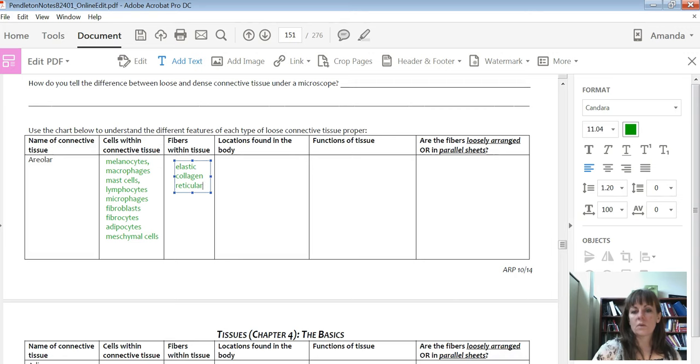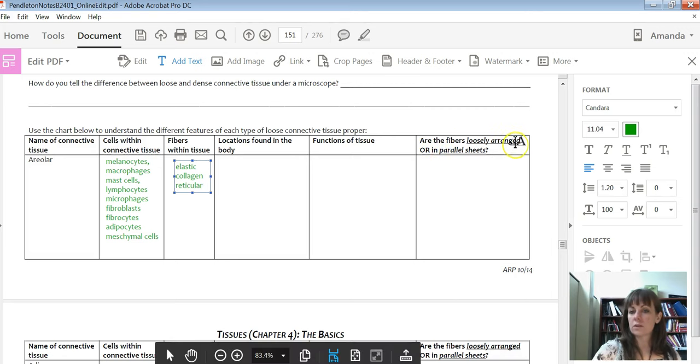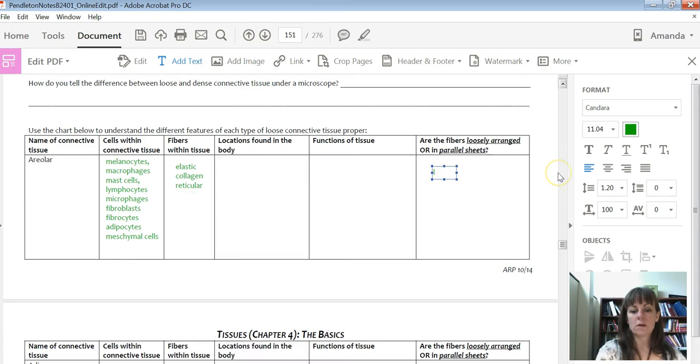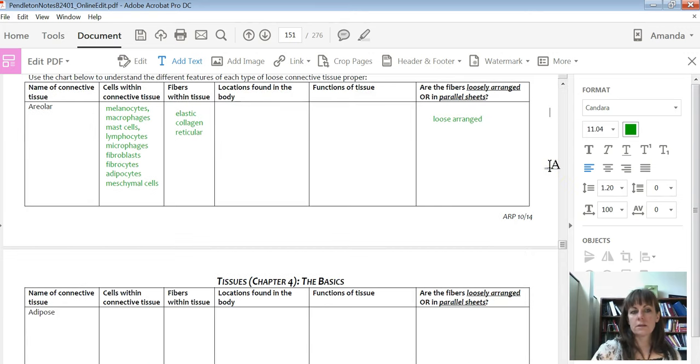So when we go here it says are the fibers loosely organized, or in parallel sheets, we're going to put loosely arranged. Okay. And so this is just an example of how you would start with areolar tissue. Areolar tissue is very common. It's found all over the body, and it's really kind of a packing material. It just helps glue things together.